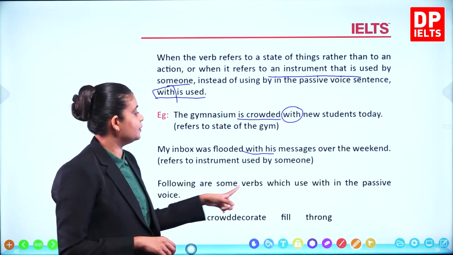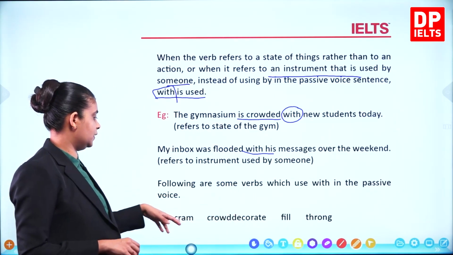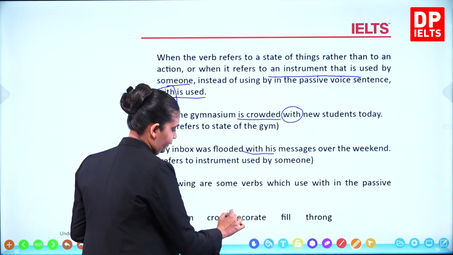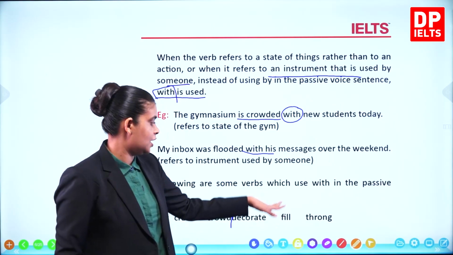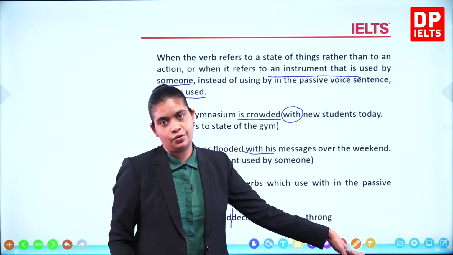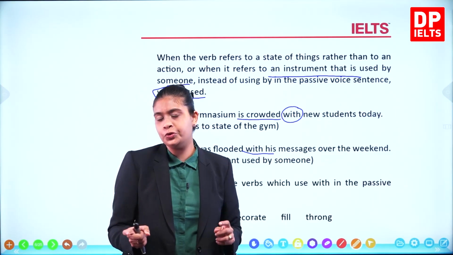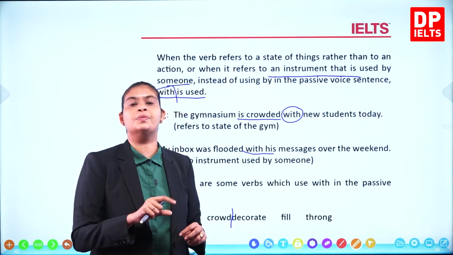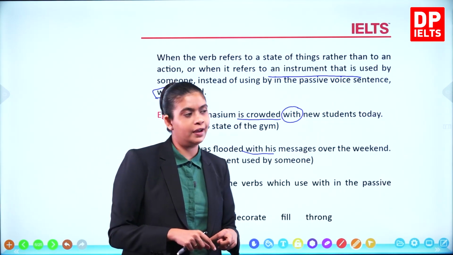So here are some of the examples where we use the passive voice, right? So use it with cram, crowd or decorate, okay? You use it with crowd, you use it with decorate, fill and throng, okay? So you use it with all of these words. What do you use? You don't use by, you use with instead of by. All right?